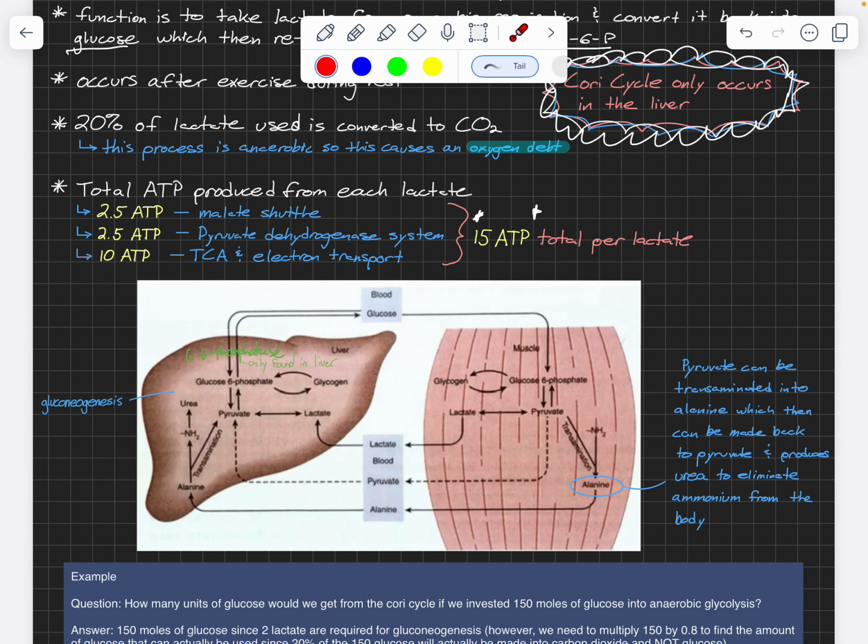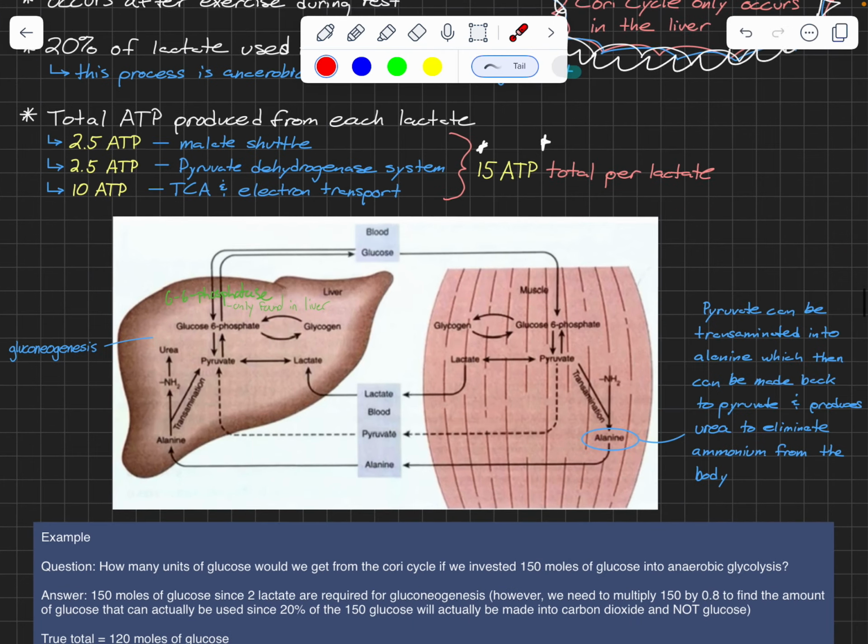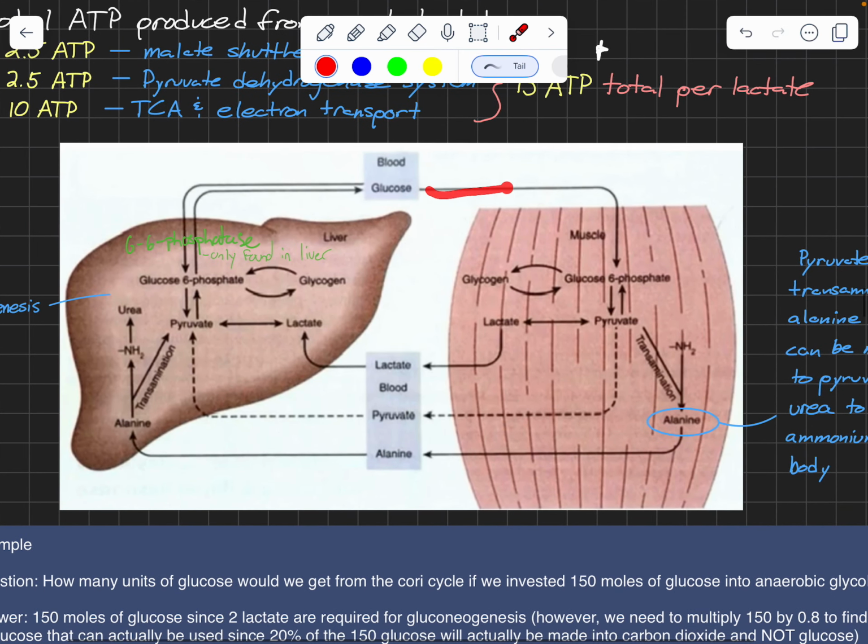So basically what's going to happen here is we're going to go through anaerobic respiration or glycolysis, or whatever process we're talking about. We're going to come down here, glucose 6 phosphate, turn into pyruvate, and then what we know with anaerobic respiration is we're just going to go from pyruvate into lactate.